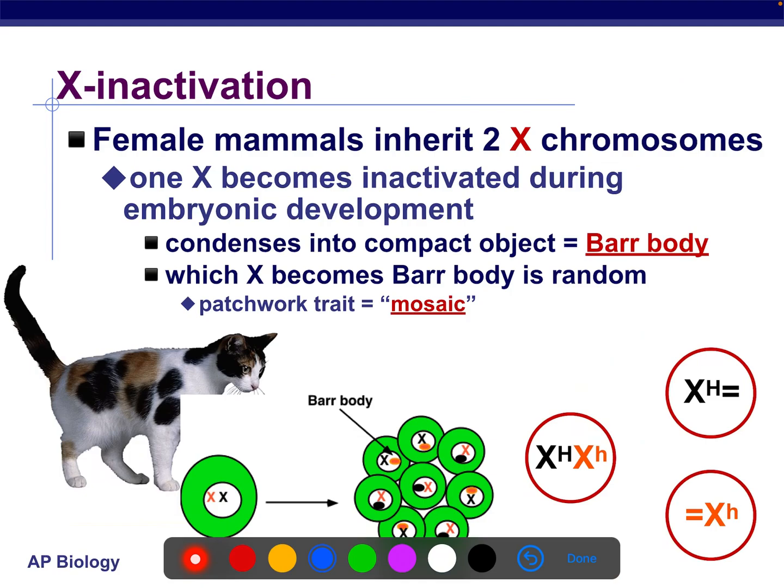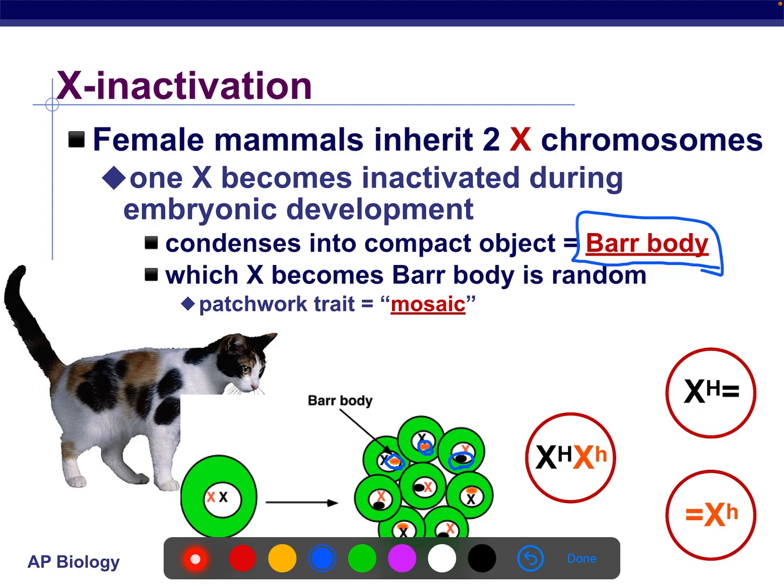We don't know how one X is picked over the other, but whichever X is going to be unused or condensed, we call that a bar body. And so you can see here in this cell, you have a bunch of these bar bodies or condensed chromosomes happening. And it's random. We don't really know which is going to become that bar body.